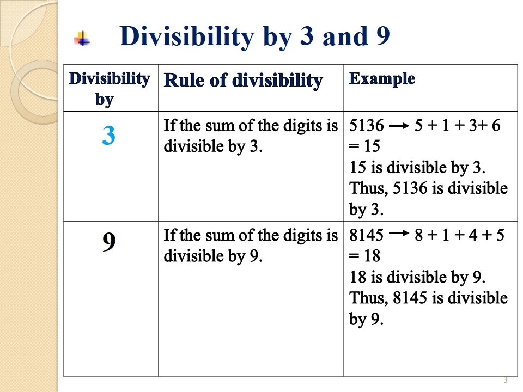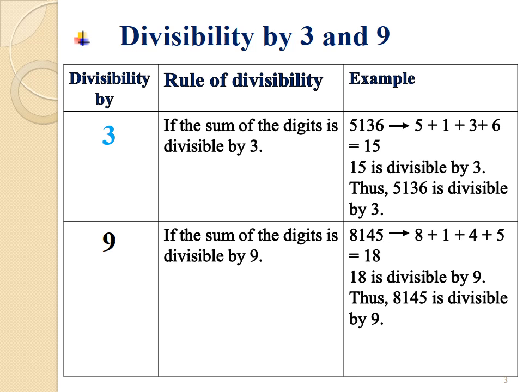Students, in order to check whether 5136 is divisible by 3 or not, we have to find the sum of its digits. That is, we have to add all the given digits, and if the sum of the digits is divisible by 3, then the given number is divisible by 3, otherwise not.